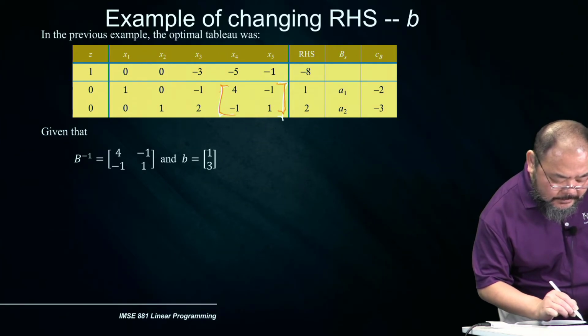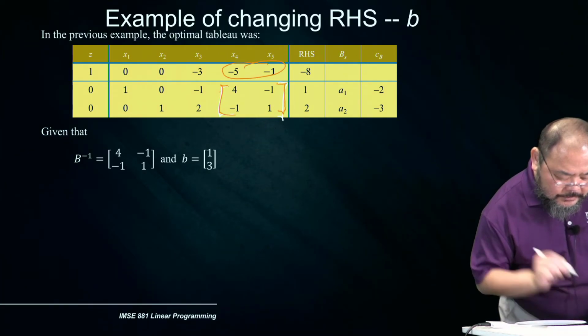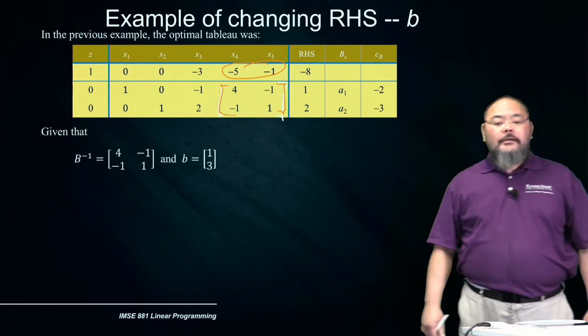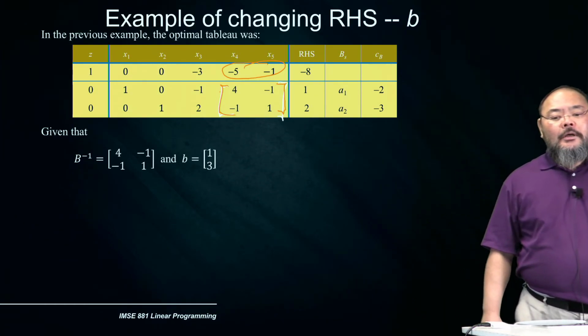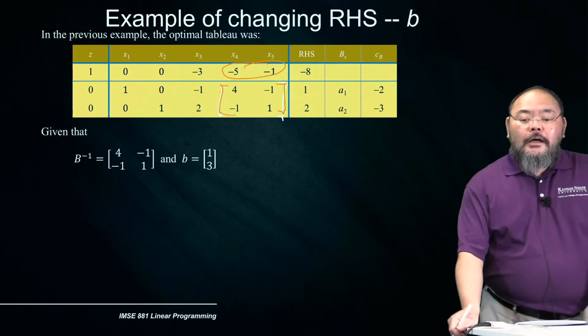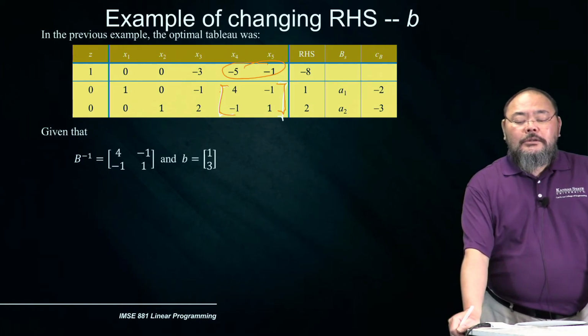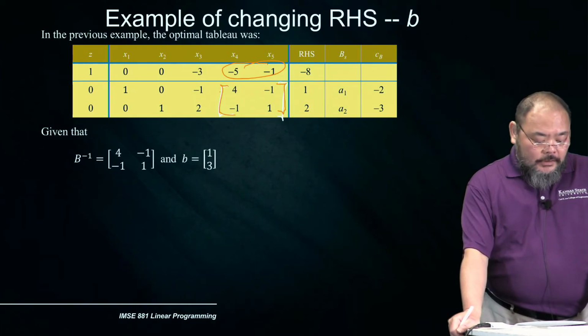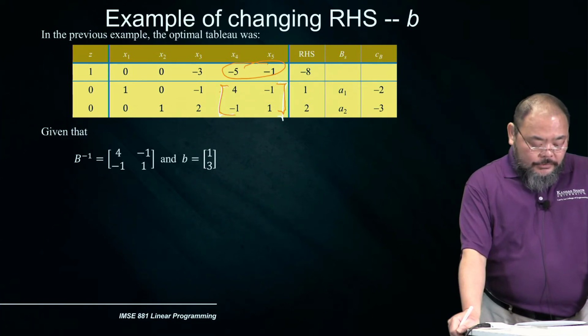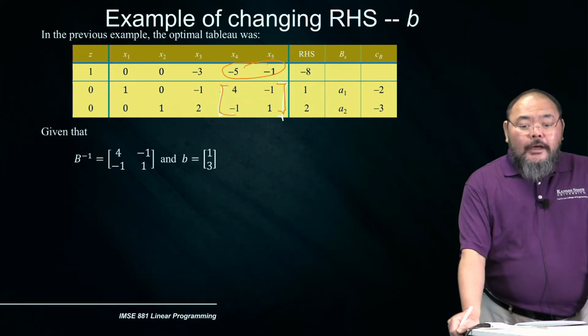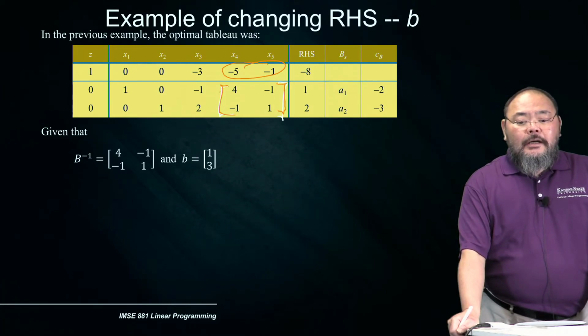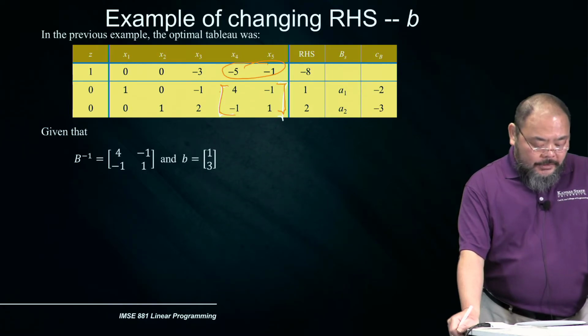And this is our dual solution. Currently x1 equals 1, x2 equals 2. So we identify B inverse equals 4, negative 1, negative 1, and 1. And the right-hand side, from the original problem, equals 1 and 3.